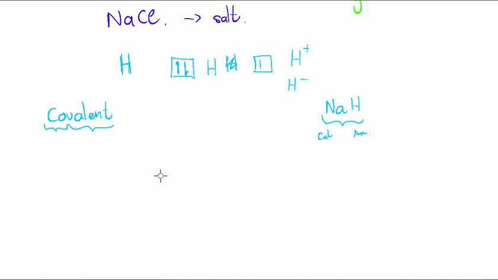Sharing. That's what the co means. Valence, it comes from valence. Covalence means we're sharing our valence electrons. Okay, does that make sense?